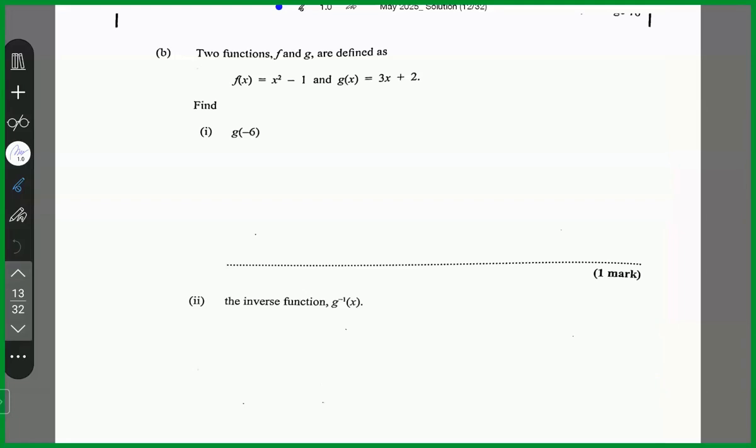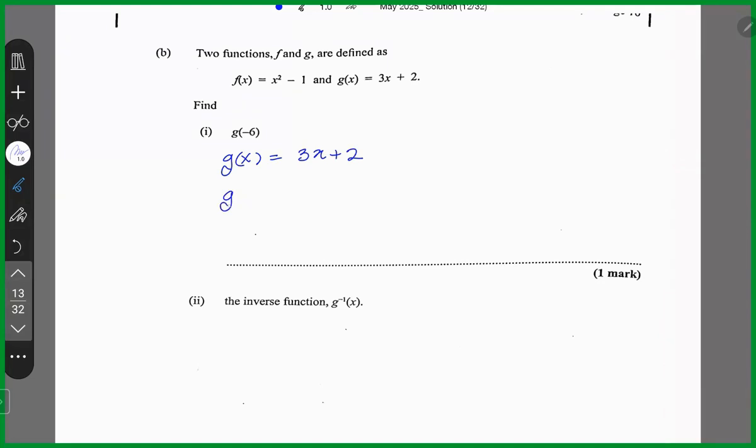Two functions f and g are defined as f of x is equal to x squared minus 1, g of x is equal to 3x plus 2. We're asked to find g of minus 6. All right, so g of x is equal to 3x plus 2.